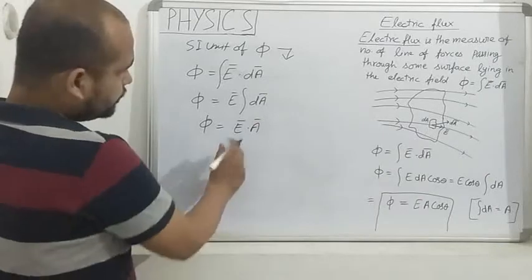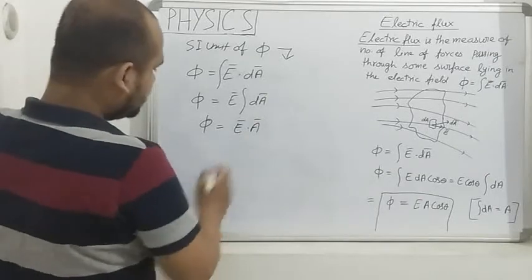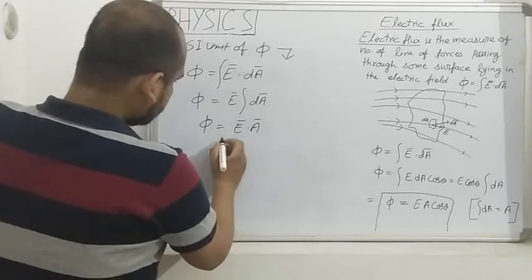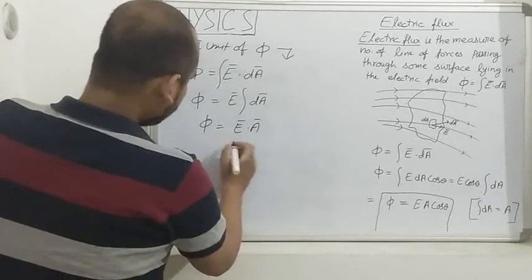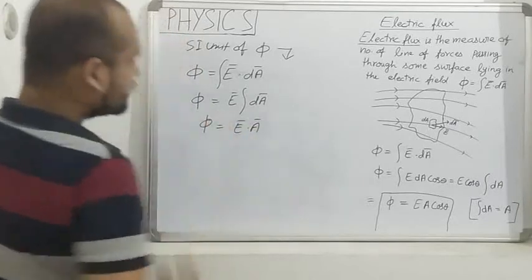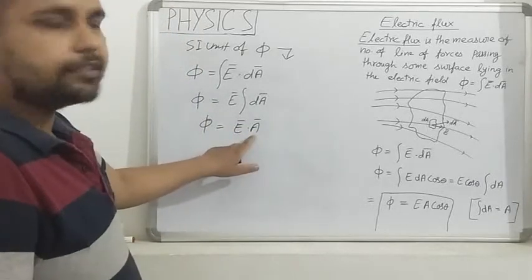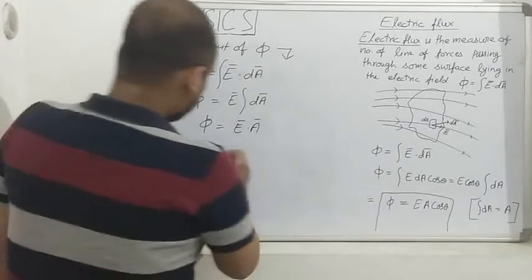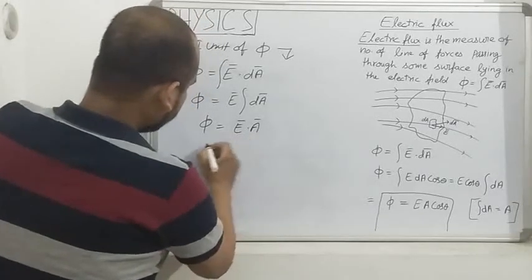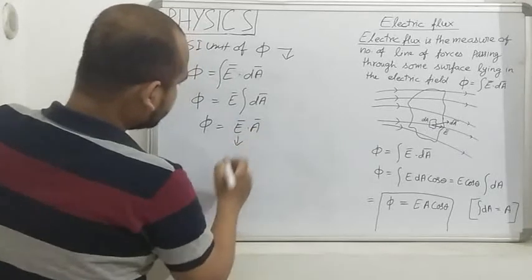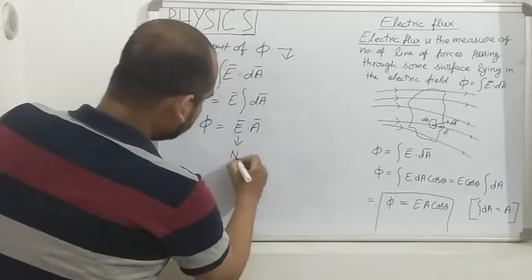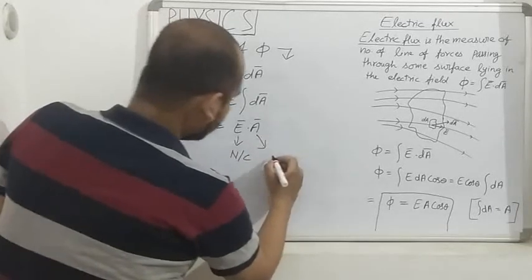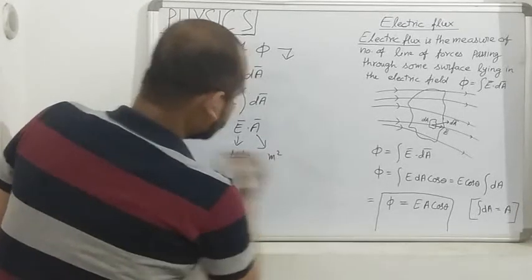We know the unit of electric field is Newton per Coulomb, and unit of area is meter square.